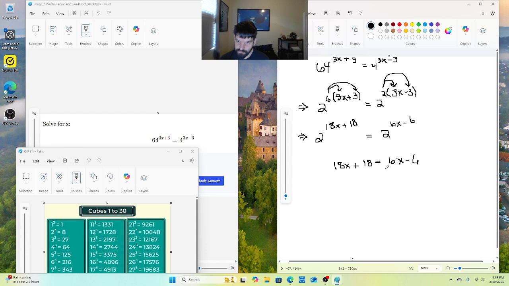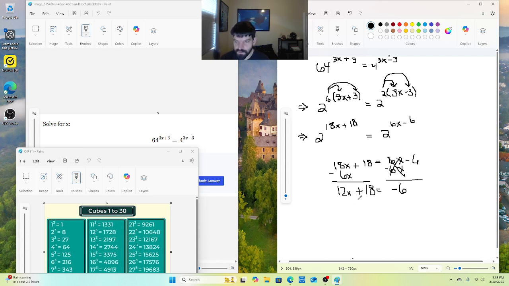So we'll start things off. We're going to subtract 6x from both sides. On the right side, the 6x minus 6x will cancel. We want that to happen. 18x minus 6x is going to give us 12x. We're going to bring down the 18 because it's still part of the equation. We'll bring down that negative 6 as the remainder on the right side.